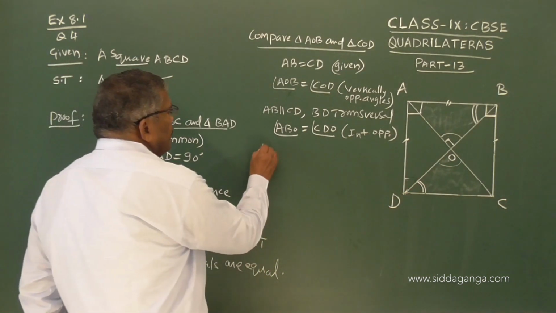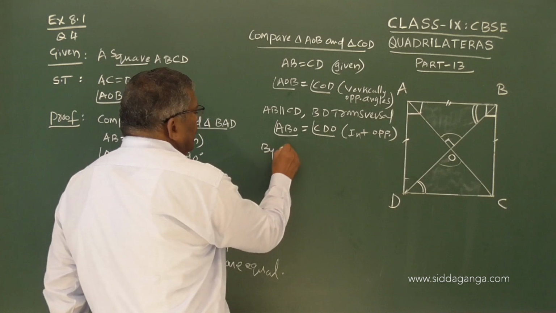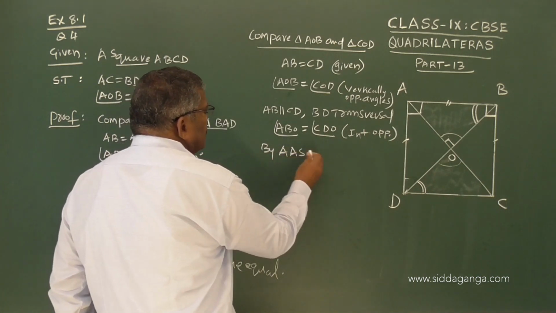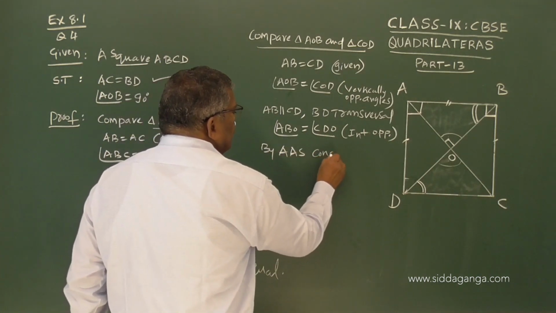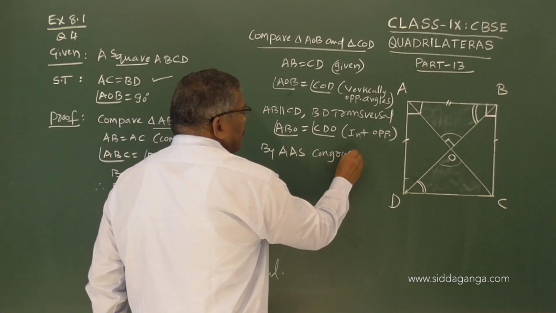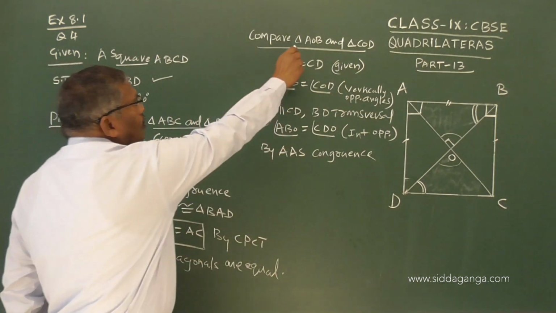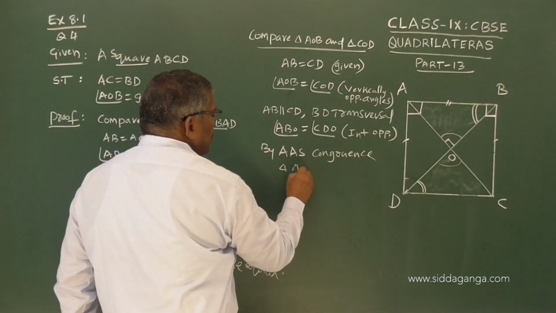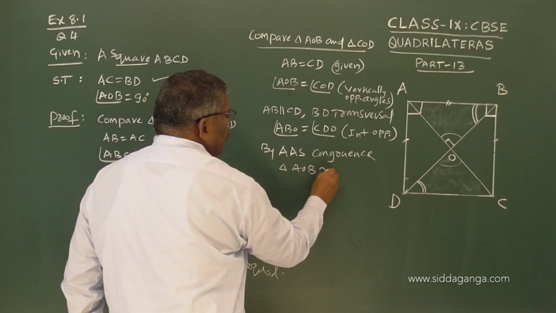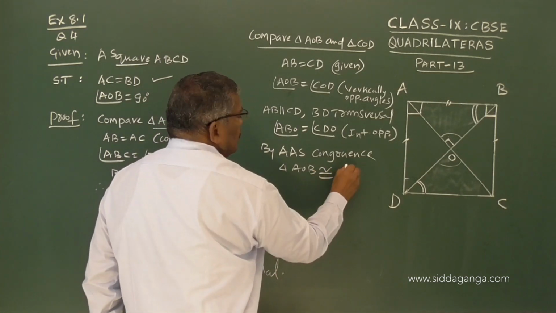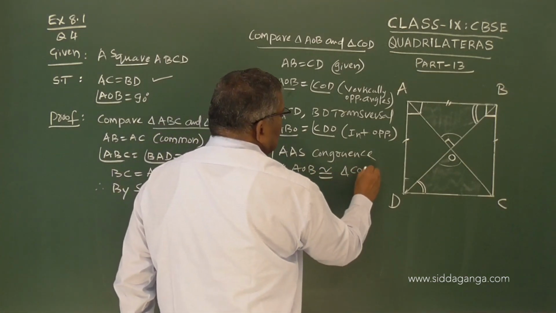So, therefore, by AAS congruence, these two are congruent. Triangle AOB is congruent to triangle COD.